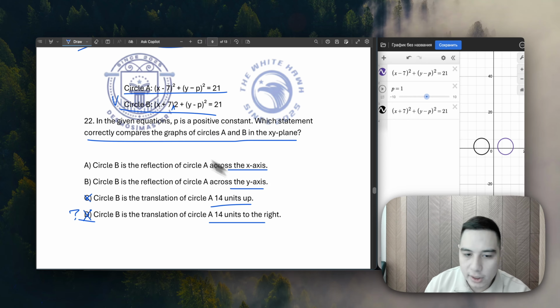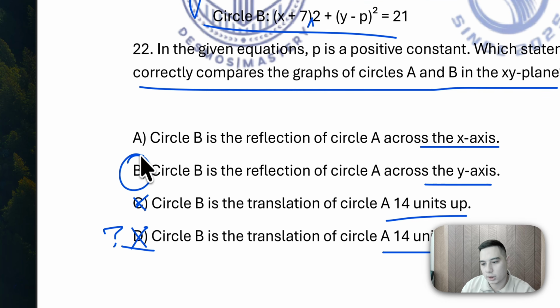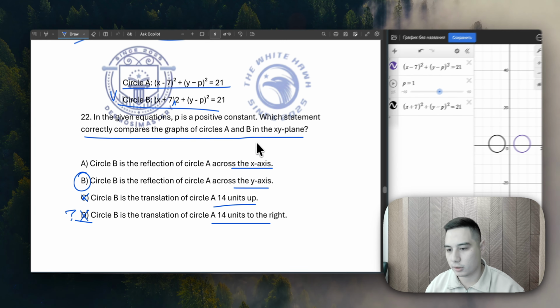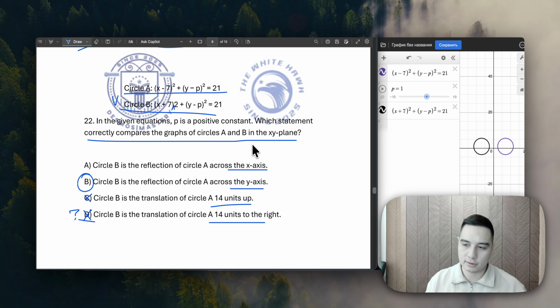That's why circle B is a reflection. So the answer is A. If you don't change something in the axis by y or x, that means that is the reflection, and you don't have any values when circle B is a translation of circle A 14 units to the left. Yes, if it's moving to the left, okay, it's an answer, but in this case it's B because of the reflection on the y-axis.